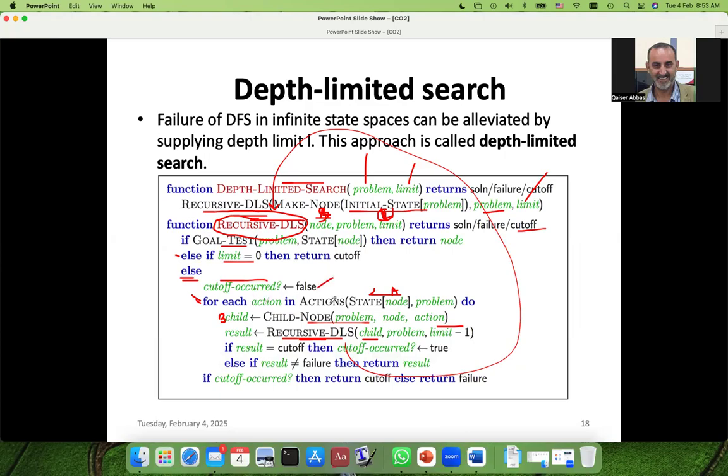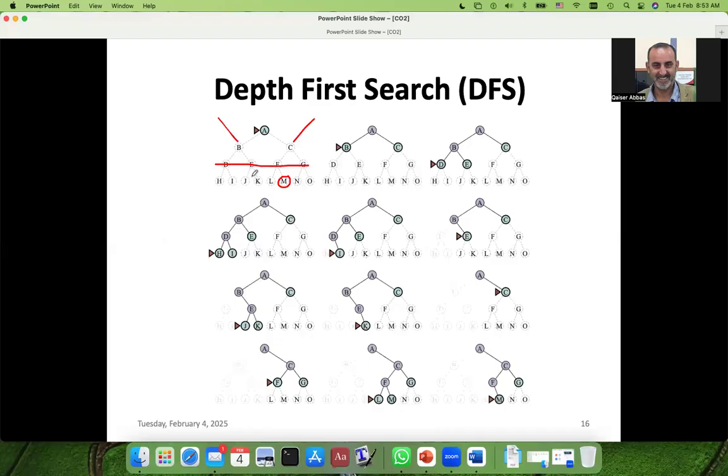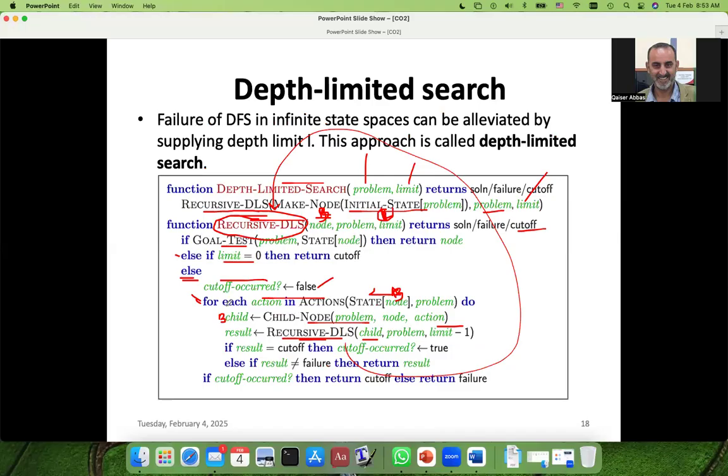And here we are checking how many actions are available on the node B. Again 2. What are those? D and E. These two actions are available. So this loop will execute now 2 times, one for D, one for E.